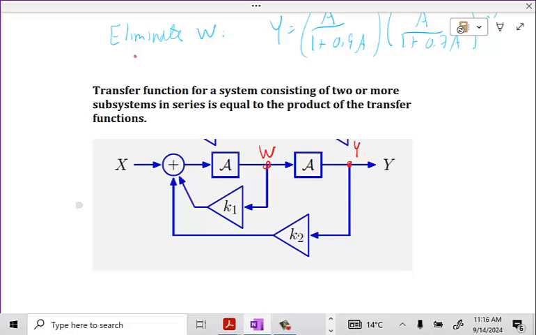So I'll start again with this one here. This one here is going to be K1W. What about this one? Well, this is K2Y. Now, what about this one here? That one there is going to be X plus K1W plus K2Y.